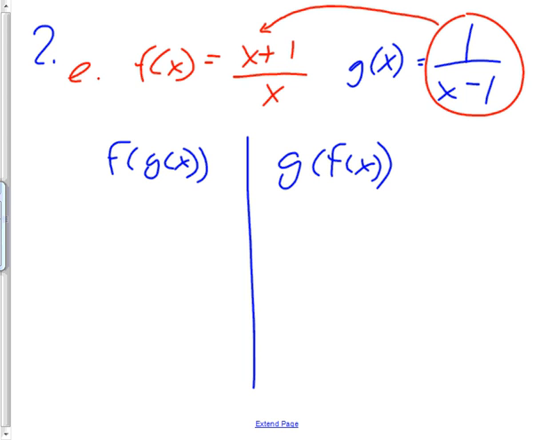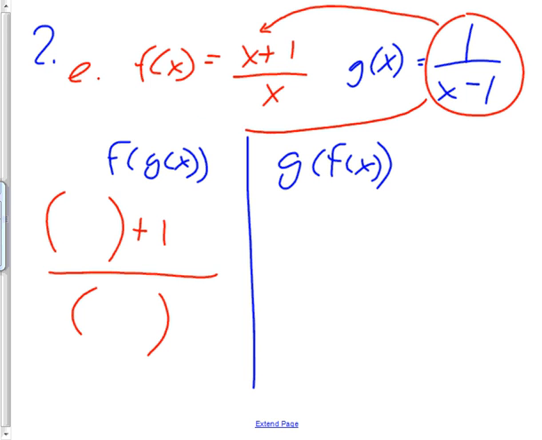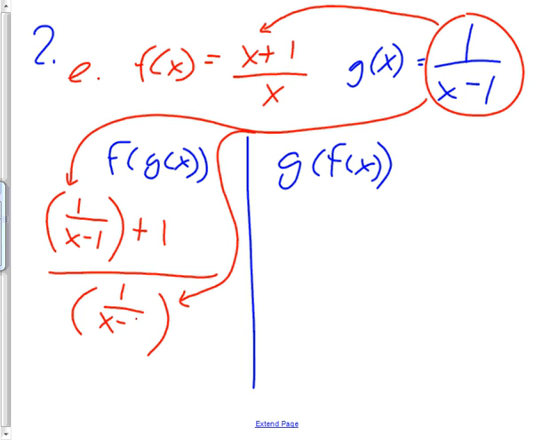That's what makes this a pain in the butt. Empty spot plus 1 over empty spot. I always do that. Notice I've always been doing that. Whenever there's an x, I write a big empty parentheses. So should you. Then you drop in this function. This goes in to both spots. There and there. And I get 1 over x minus 1 plus 1 all over x, 1 over x minus 1.